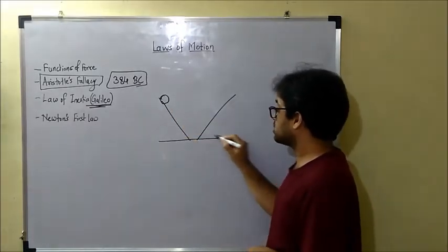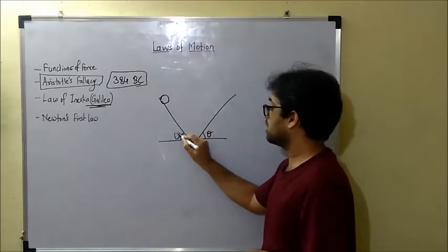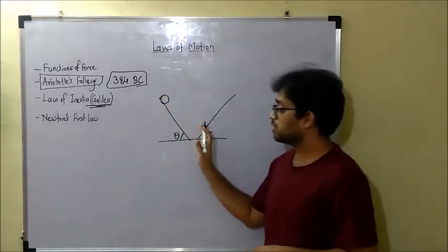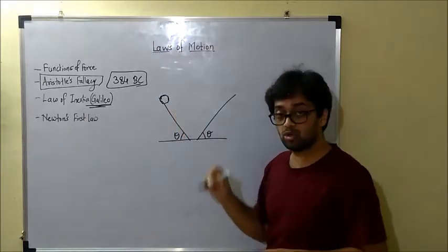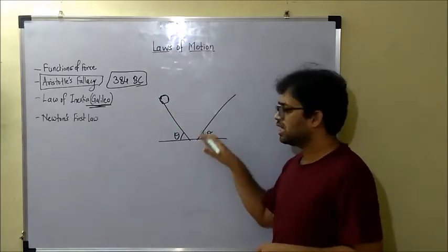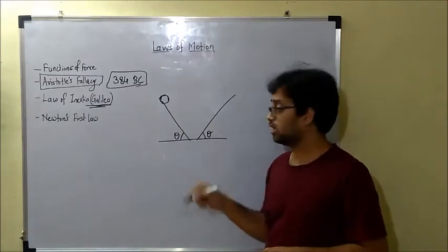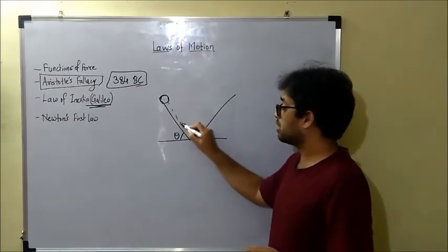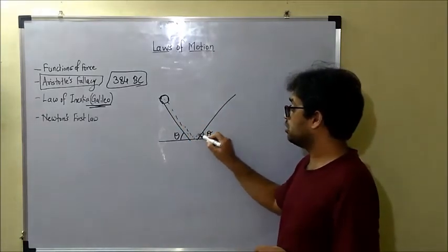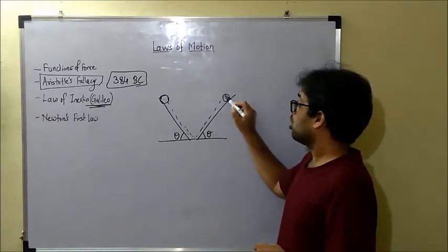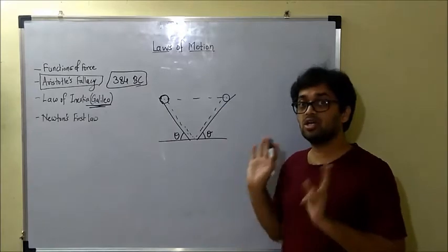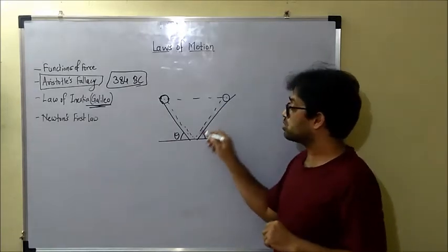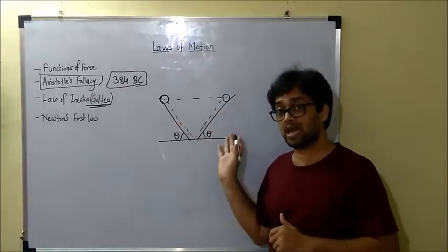He arranged them so that they are inclined at the same angle and made the surfaces very smooth, and the object was also circular, so very little friction was involved. Then he released the object from here. The object went down and climbed up almost to the same height, since the angle theta was the same. So it almost covered the same length over the other plank.